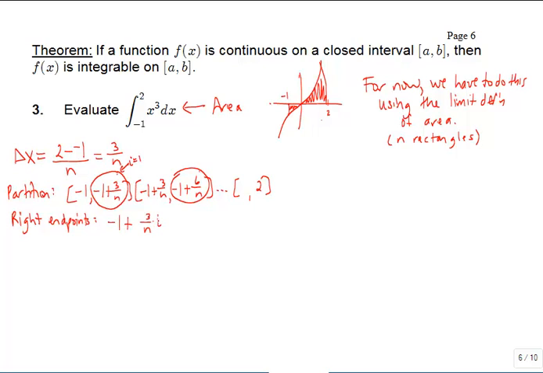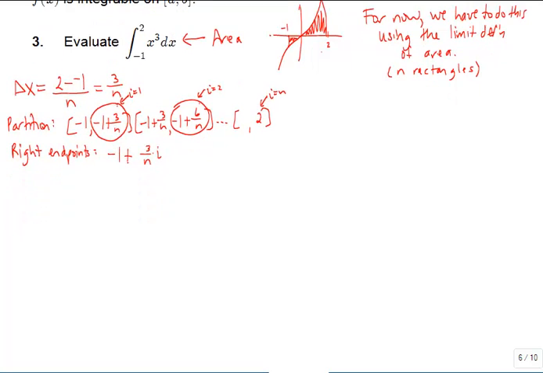When i is 2, I get this one. When i is n, the n's cancel out, and -1 plus 3 will be 2, so I'll get this one. So it's always your left endpoint, -1, plus i times your width, and that will always give you your right endpoints. So now we're ready to plug it in to our limit definition.